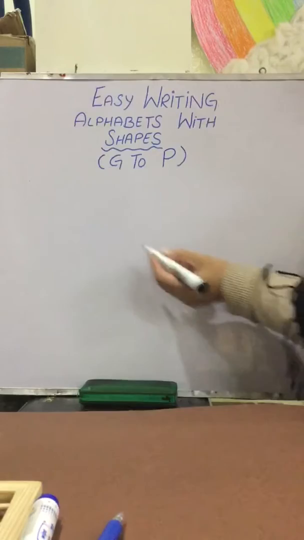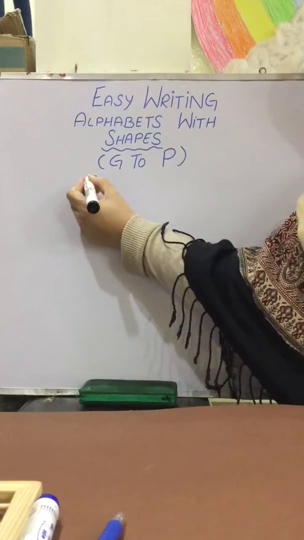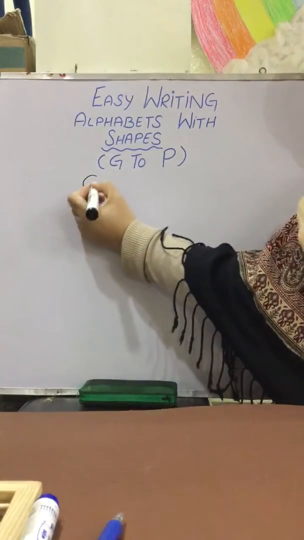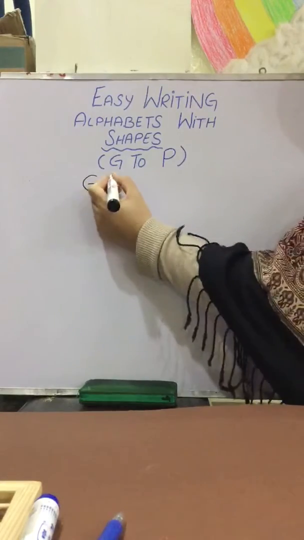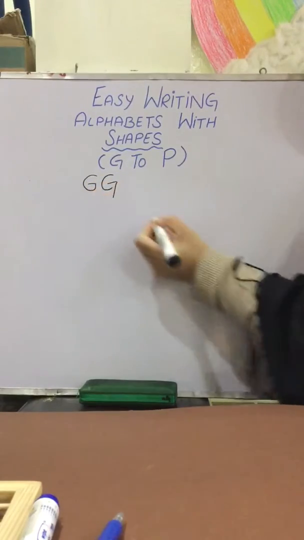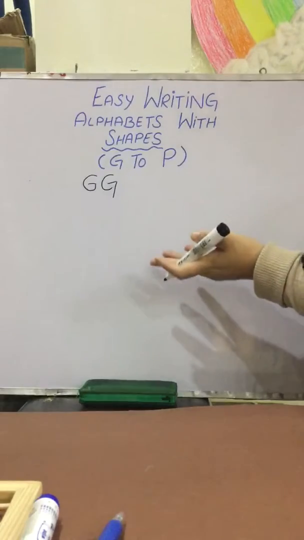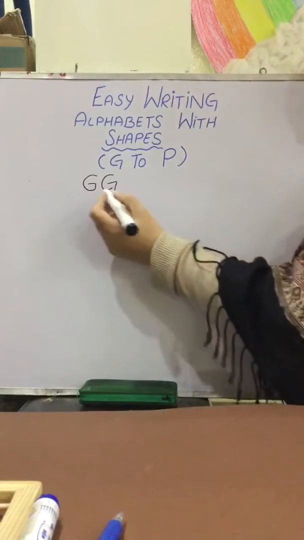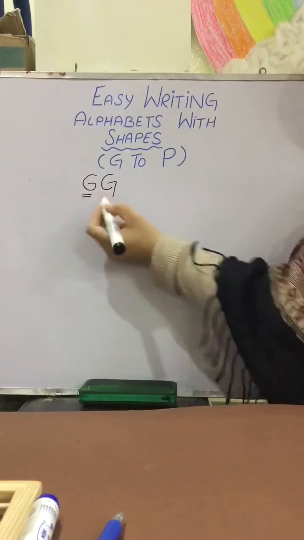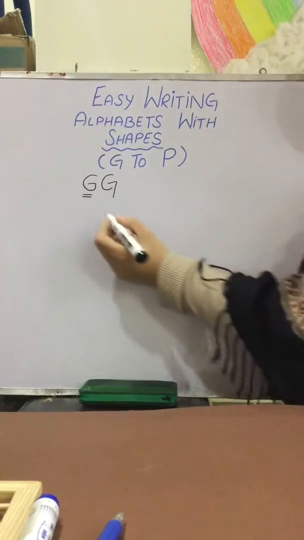So our first alphabet is G. In some writing scripts G is like this, and in some scripts it is like this. Both are equivalent, but for the kid we have to use only this one. This is very easy according to our shapes.